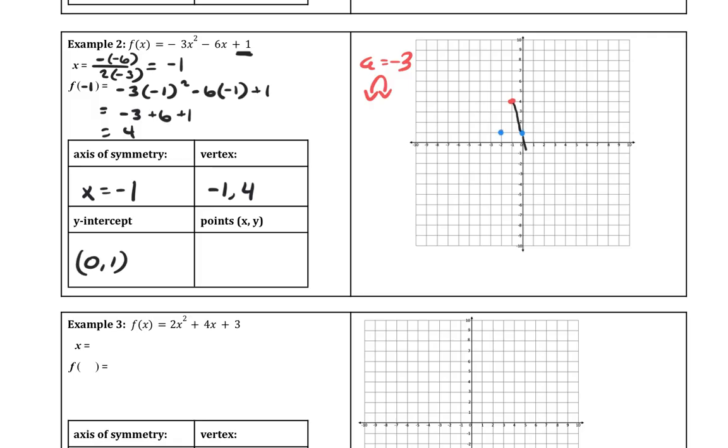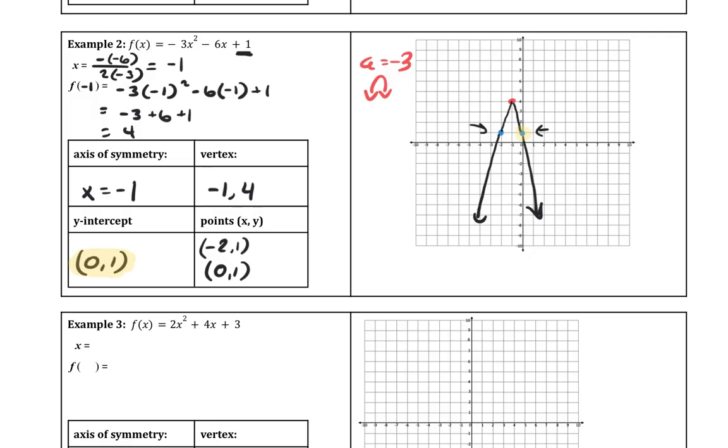And I graph that. And you know what's cool is I said that my y-intercept should be at 0, 1. Hey, look at that. That's where my y-intercept is by using my slope. Okay. So my 2 points that I have are, this one here is negative 2, 1. And this one here is at 0, 1.